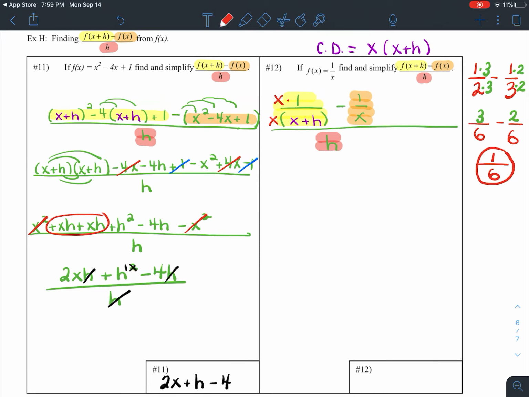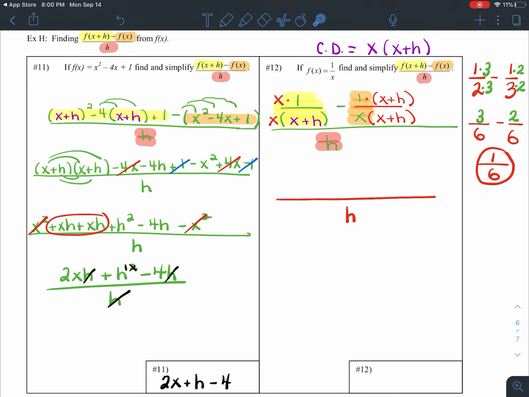So I'm going to multiply this first denominator by an x. But if I'm multiplying the denominator by an x, I have to multiply the numerator by an x. Over here, I would multiply this denominator by x plus h, so then I have to multiply the numerator by x plus h.